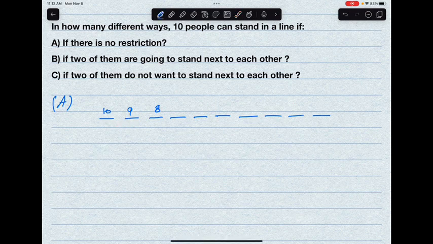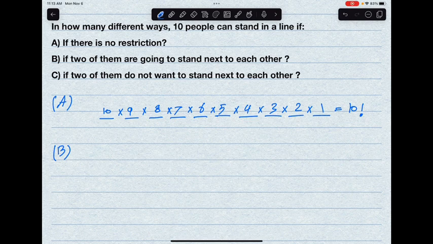And in the same way we have 7, 6, 5, 4, 3, 2, 1, and that's a line, so these 10 people will stand in a line at the same time, so it's going to be multiplication principle. That's why I'm using multiplication between these numbers, and therefore the solution is 10 factorial. So first part was easy, just 10 factorial, no restriction on the question. So what about part B?